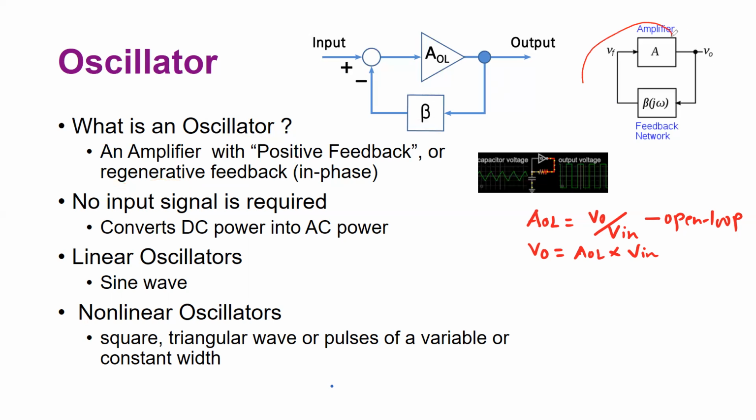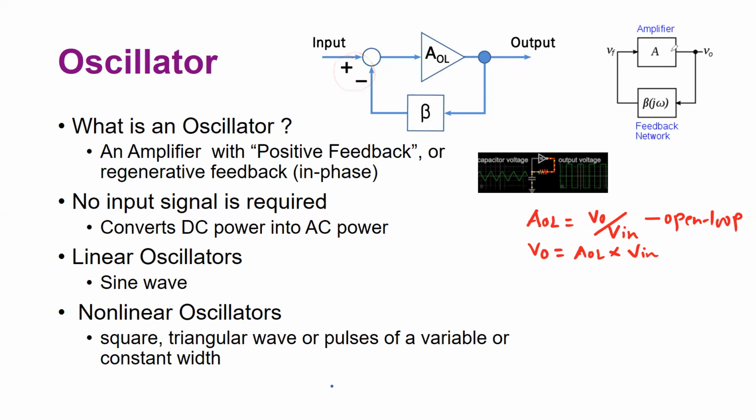But then how will this block work as an oscillator without any input? How will you have a simple waveform, maybe a sinusoidal or a square wave, or let's say a triangular or a sawtooth waveform, etc., or simply a train of pulses? You can make the system act as an amplifier as long as your feedback is negative.